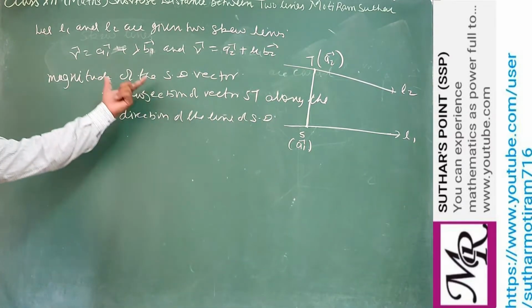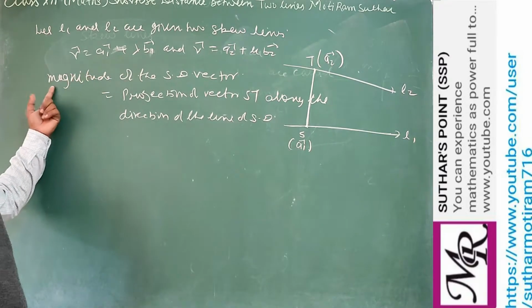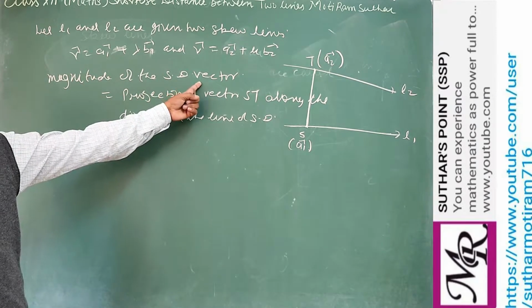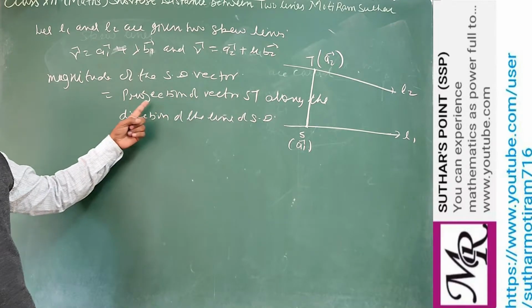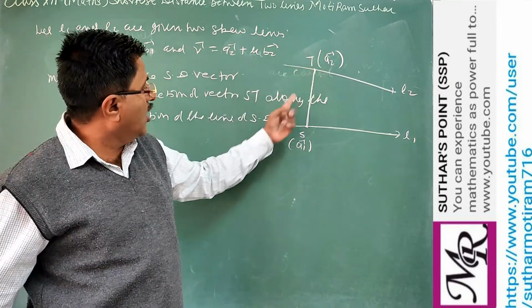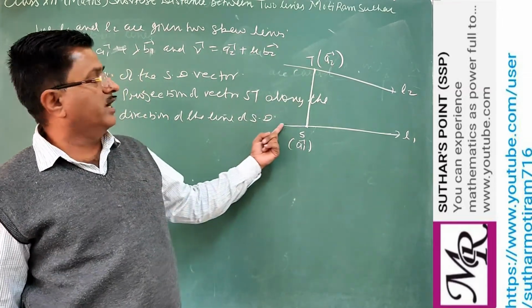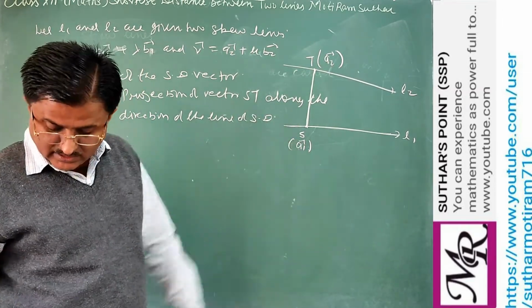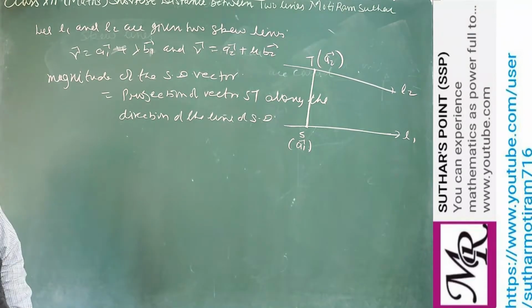This is the definition. If we want to find the magnitude of the shortest distance vector, it is equal to the projection of the vector along the direction of the line of shortest distance. Clear? Line of shortest distance.